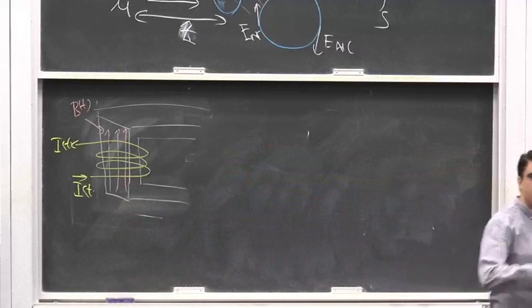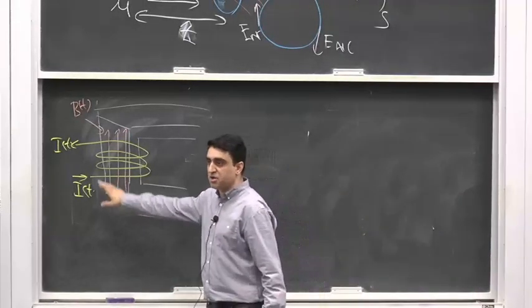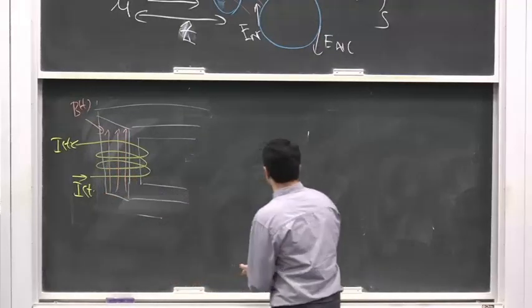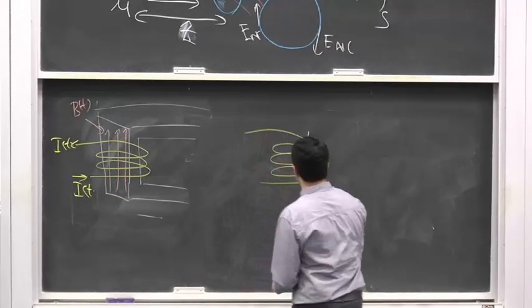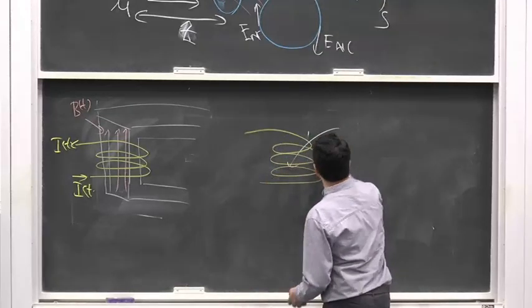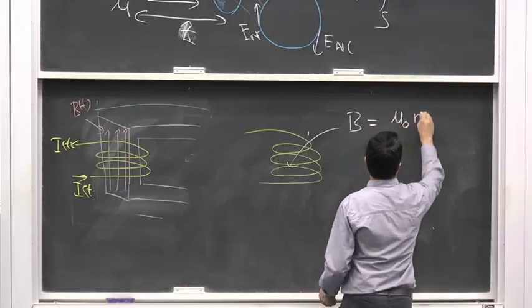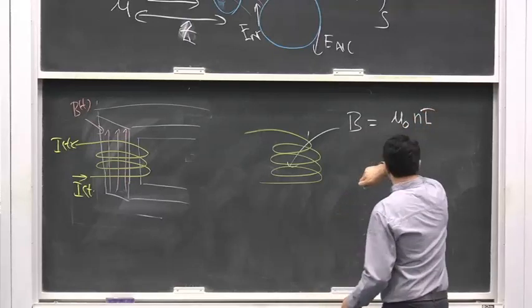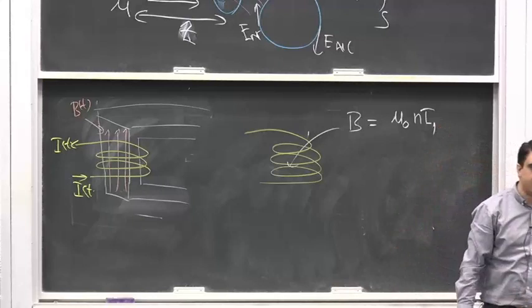What does an iron core do? If you have just a simple solenoid, you might produce a magnetic field here which will be simply given by mu naught and I, let's say this is N i1.